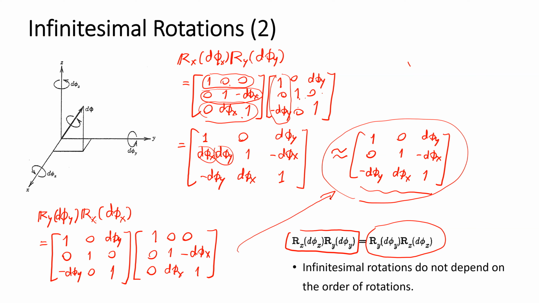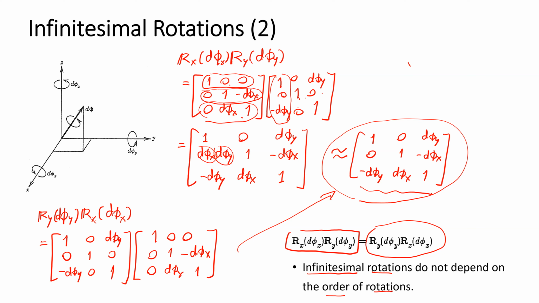Just only one conclusion to this is for the infinitesimal rotation, the rotation matrix is independent to the order of the rotation. You can rotate x, then rotate y, or you can rotate y before rotate x.